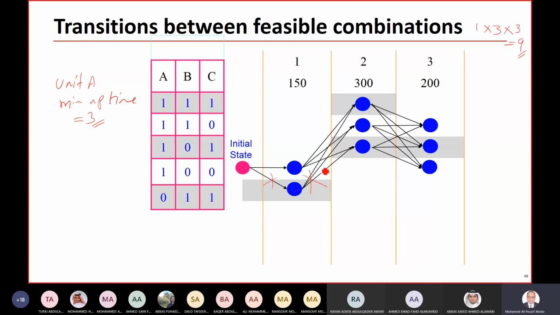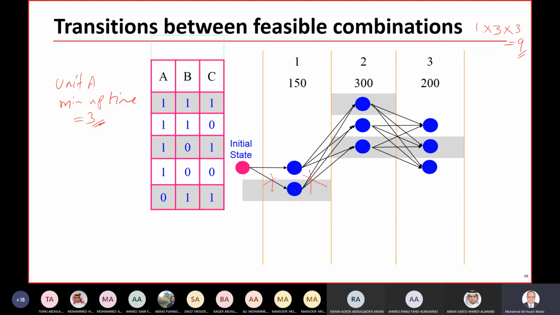It is not only that constraint. With only the minimum startup time for unit A, we eliminate 9 combinations, so we have only 9 feasible combinations now. Let us investigate the other minimum startup time and the minimum shutdown time.